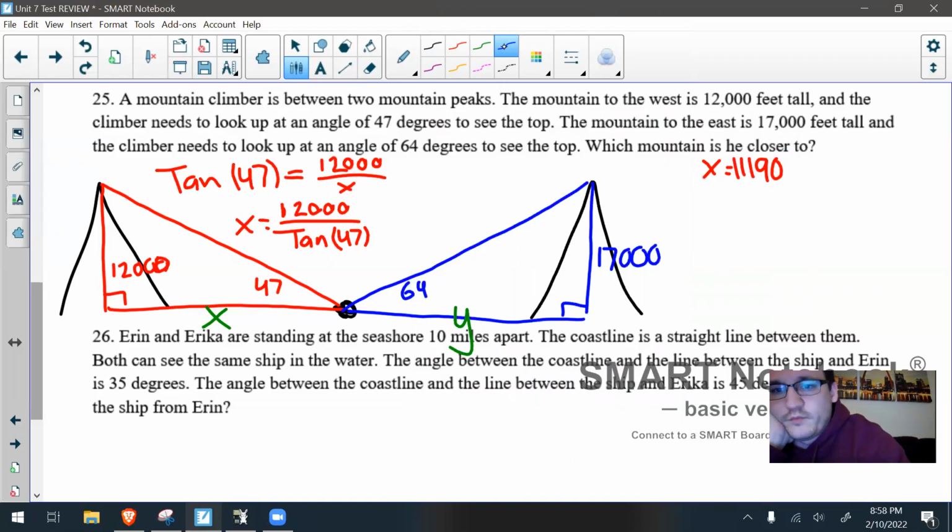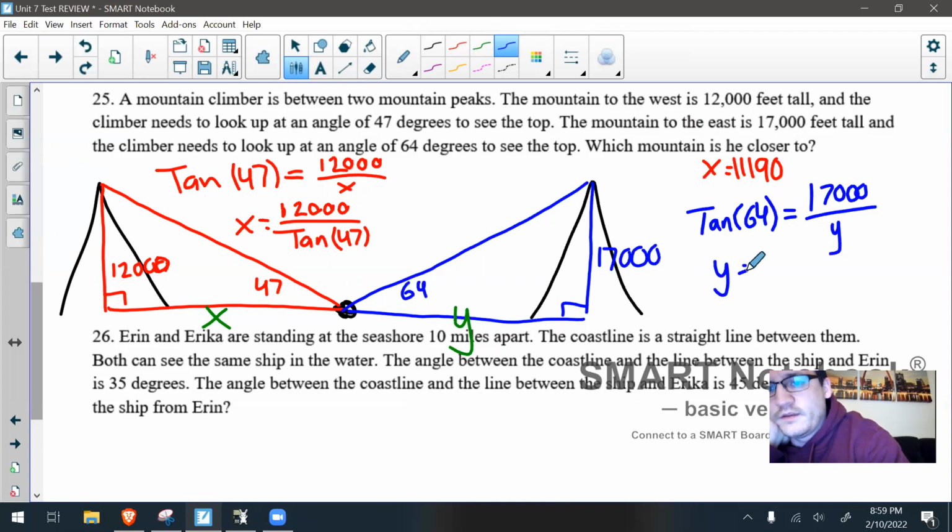All right, so we know the blue mountain, we got the tangent. Very similar, the tangent of 64 now. That's going to be 17,000 over y. So y is equal to 17,000 over the tangent of 64.